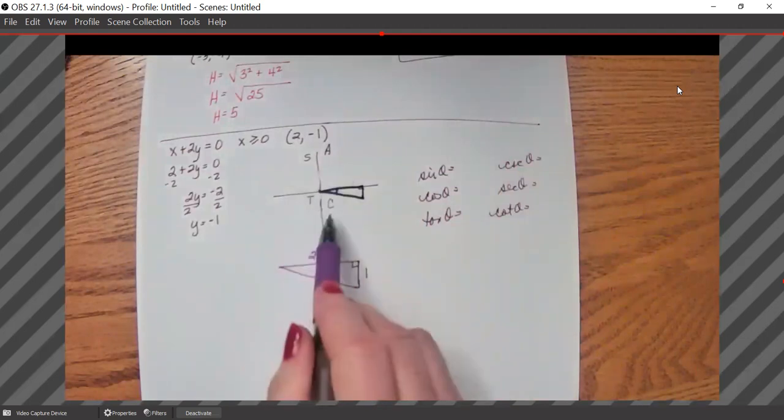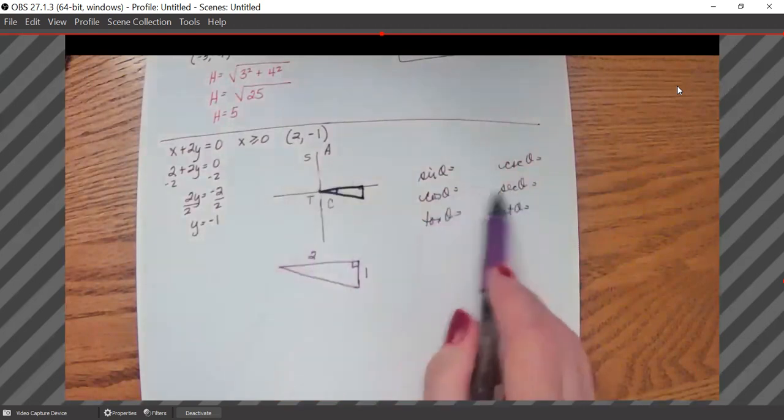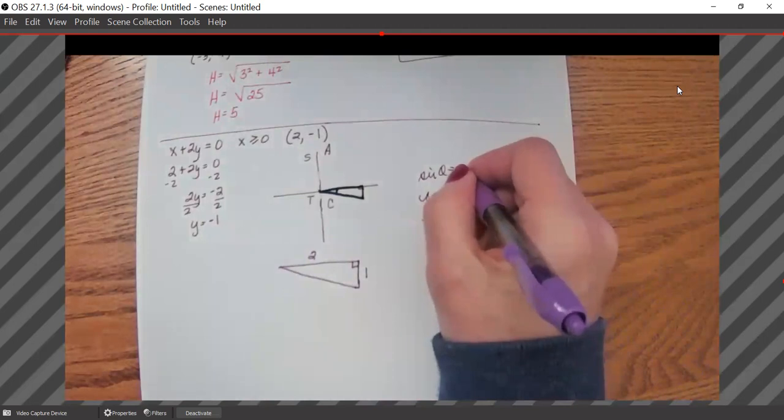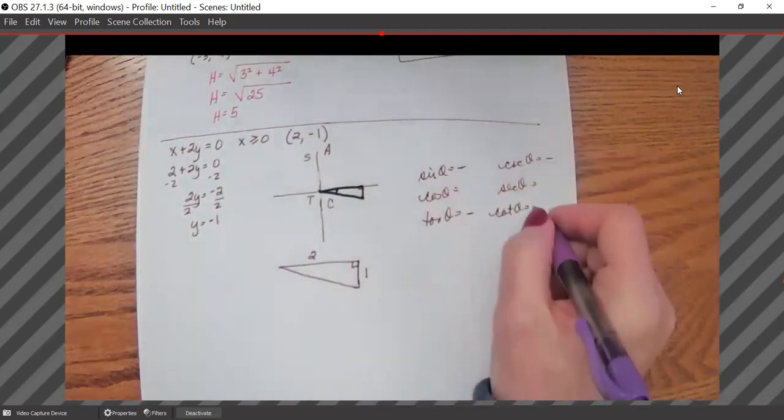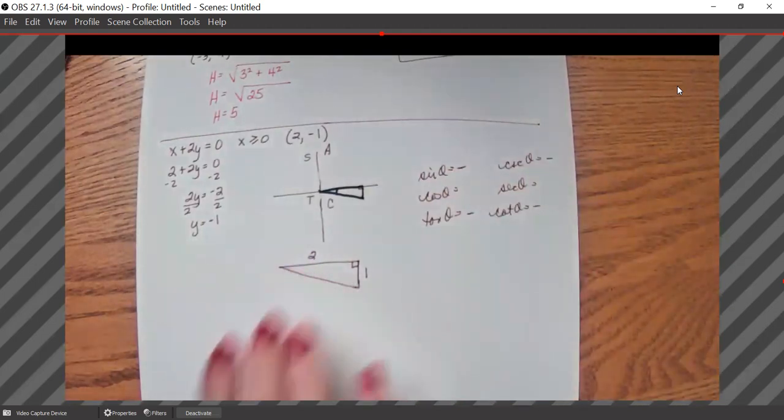All students take calculus. Cosine and secant are positive. You know sine is negative, cosecant is negative, tan is negative, cotan is negative, because of the quadrant that terminal side falls in.